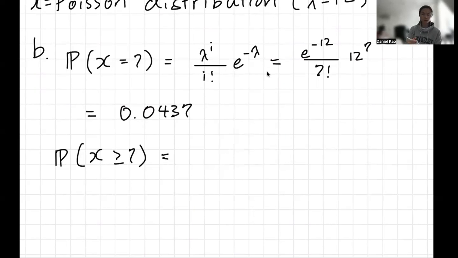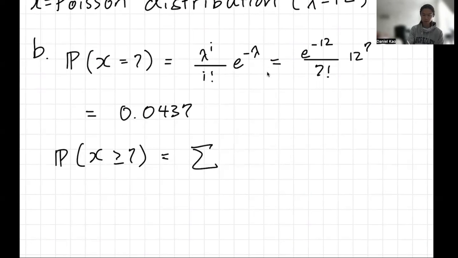So instead we have 2 options. One, we can just count up every single probability going from 7 all the way up to infinity, because you can receive 7 emails, 8 emails, 9 emails, all the way to infinity emails, and that will look something like this.